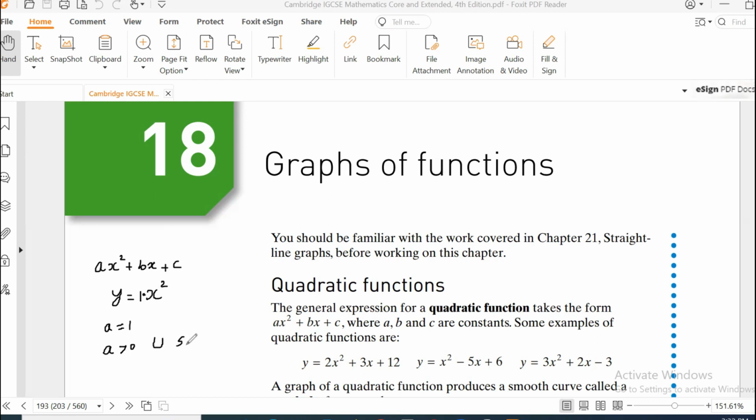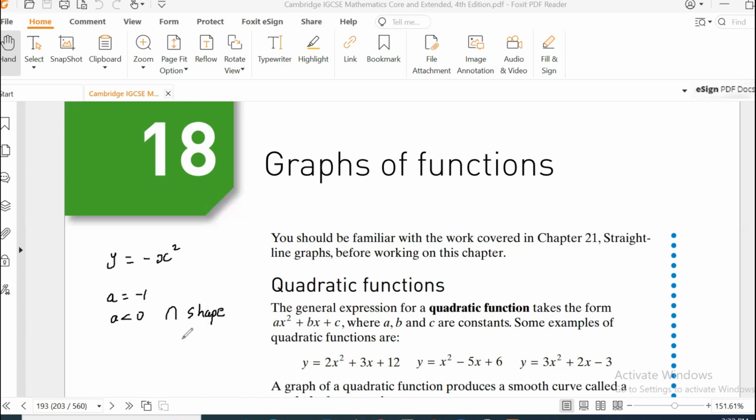And if we have y is equal to minus x square, in this case the value of a is minus 1, which is less than 0. In such situations we have N shape.